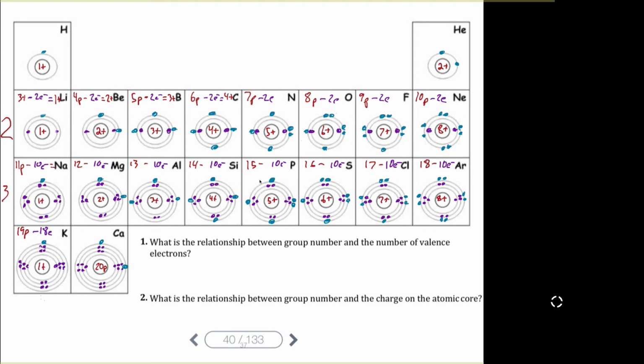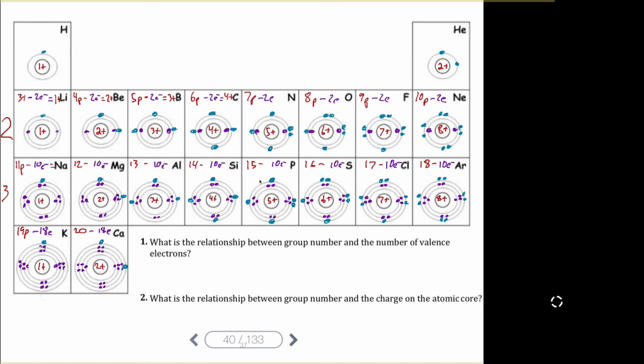Again, just like everything in that first column there. And then you can probably guess what this next one's going to be. It's going to be a 2 plus, because again, there's 18 inner electrons, and what we end up with is a 2 plus, like that.